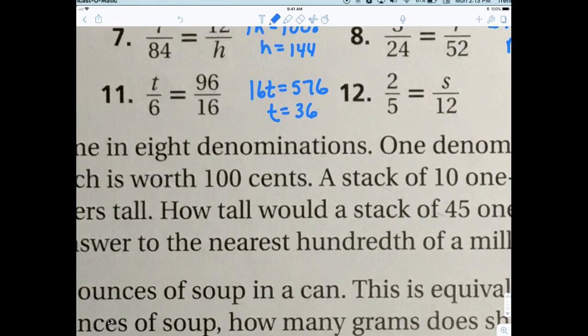Okay? Oh, it equals t equals 57. Yeah, it's 36. Do 576 divided by 16. Did you hit divide?